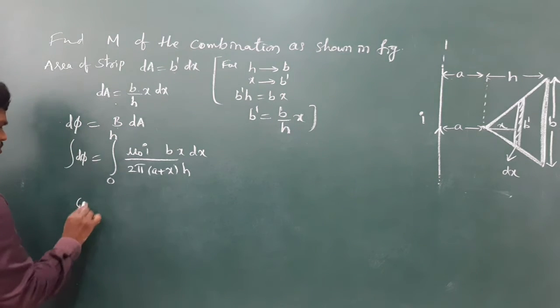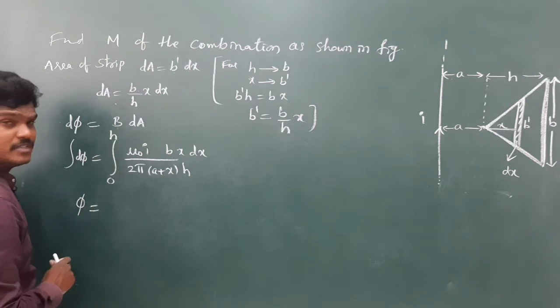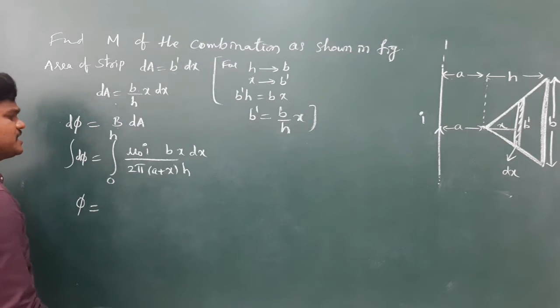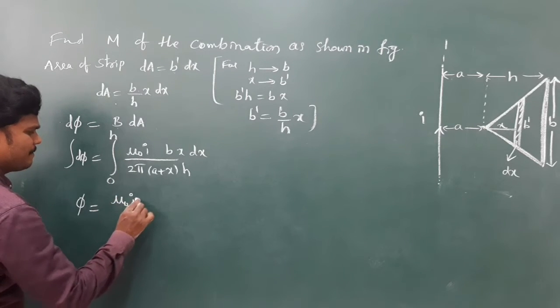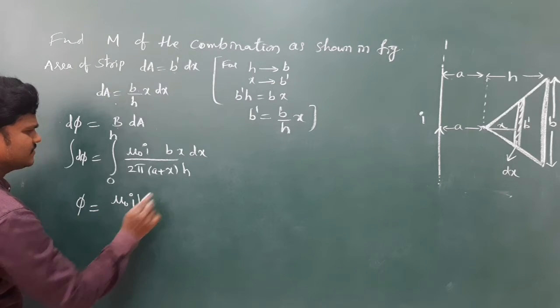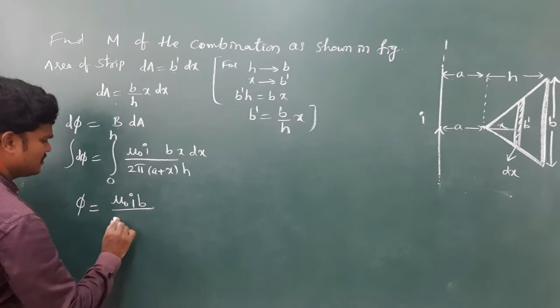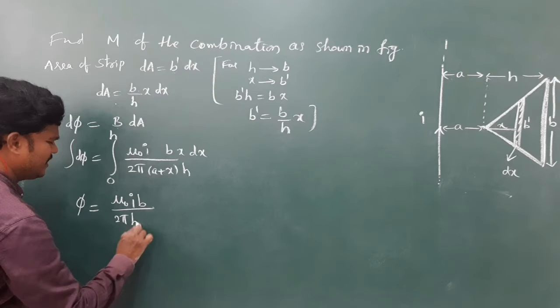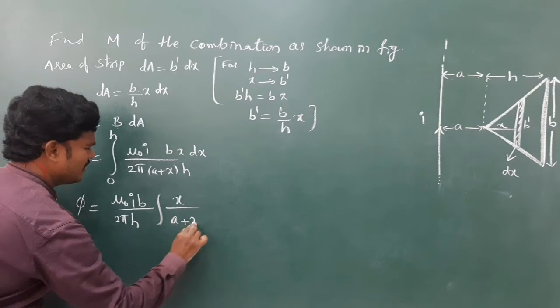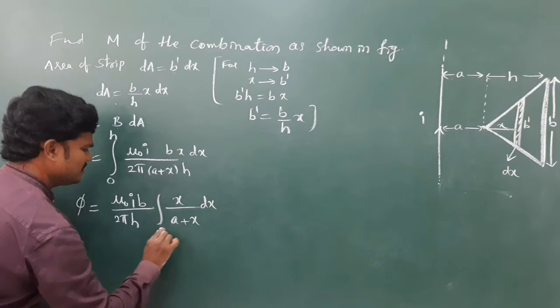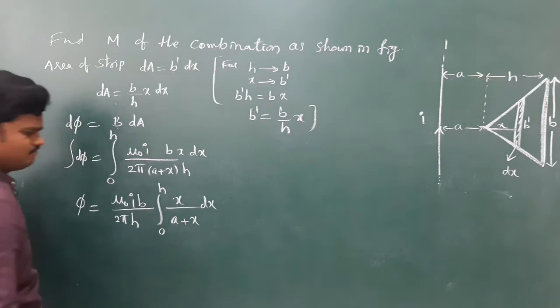So write some constants outside. Mu naught, I, b and h are constants. Phi is equal to mu naught I b by 2 pi h, integration of x by a plus x dx from 0 to h.